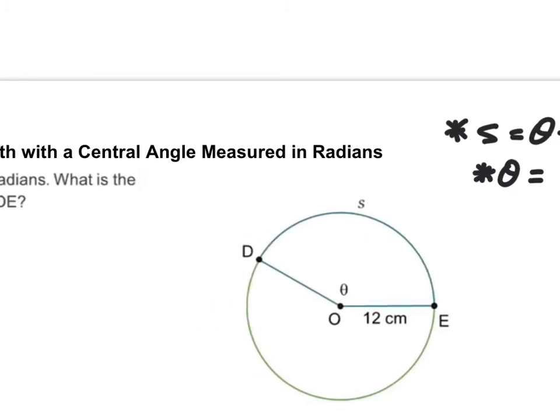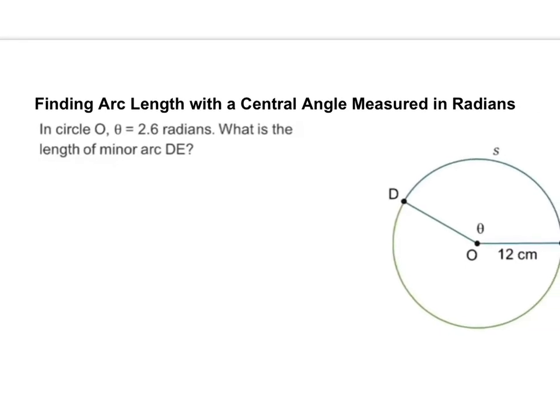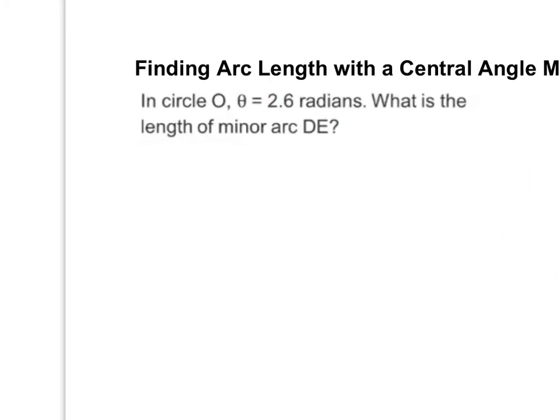It says in circle O, theta is equal to 2.6 radians. Now let's think about that for a second. Remember when 180 degrees was the same thing as pi radians?